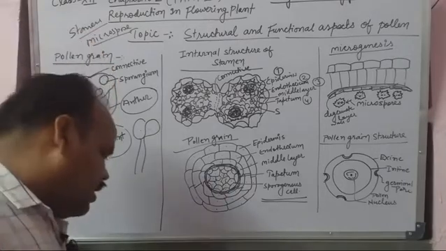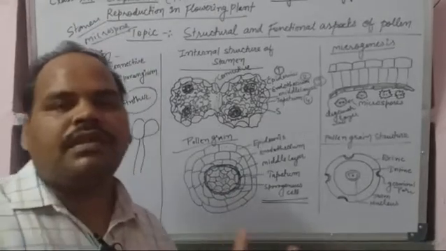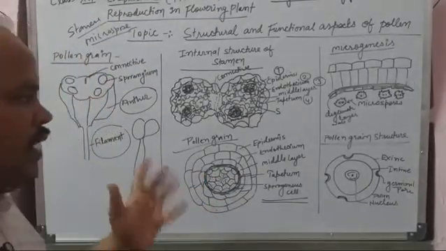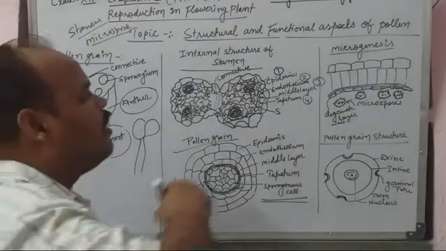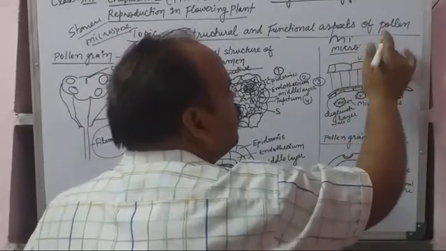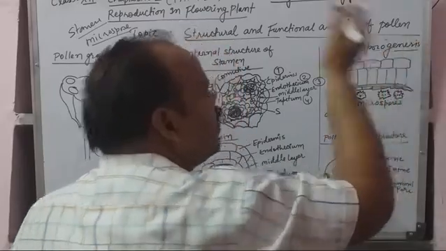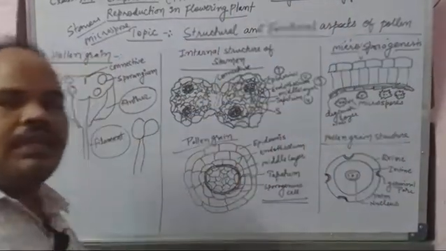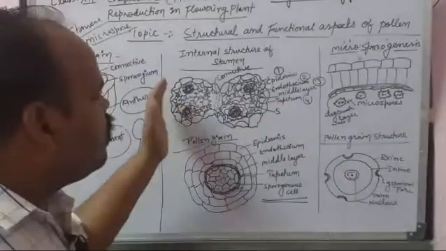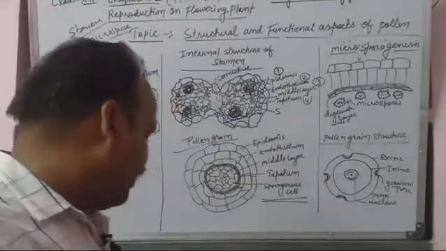After that, the pollen grain will be produced by microsporogenesis. That process is called microsporogenesis. Microsporogenesis is conducted in the microsporangium. So these are all the structures needed to produce the pollen grain.